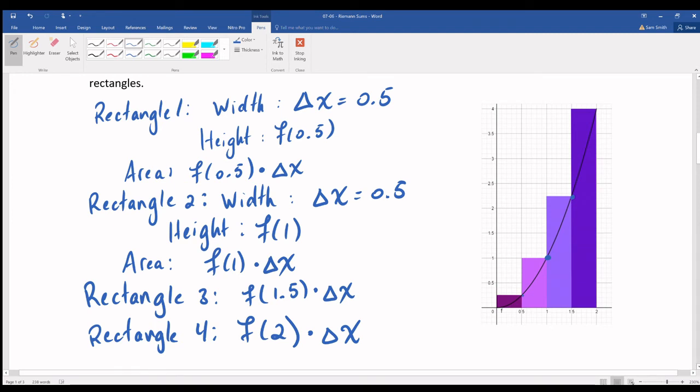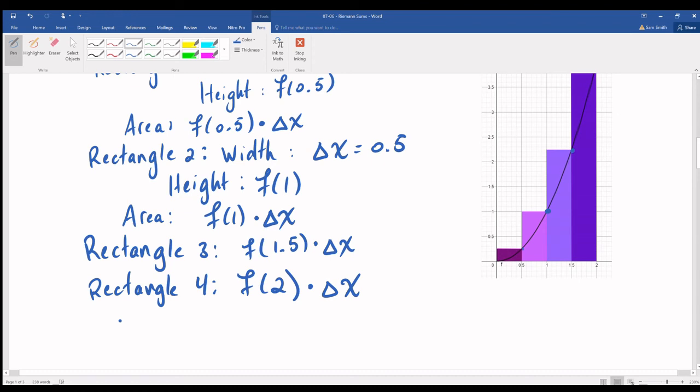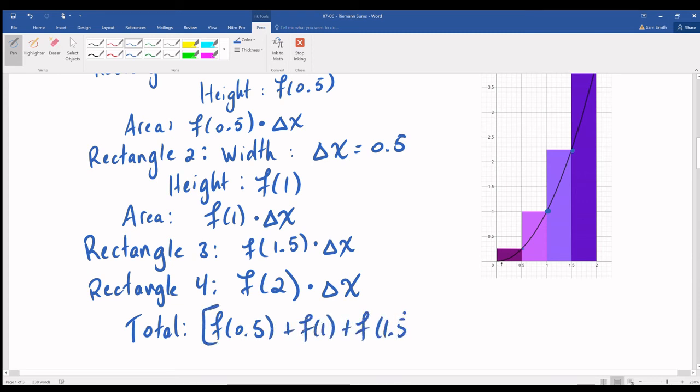Now, if we add all of these together, we will have an estimate for the total area under the graph, f of 0.5, f of 1, f of 1.5, f of 2, each of those multiplied by this step length, by the width of delta x equals 0.5.